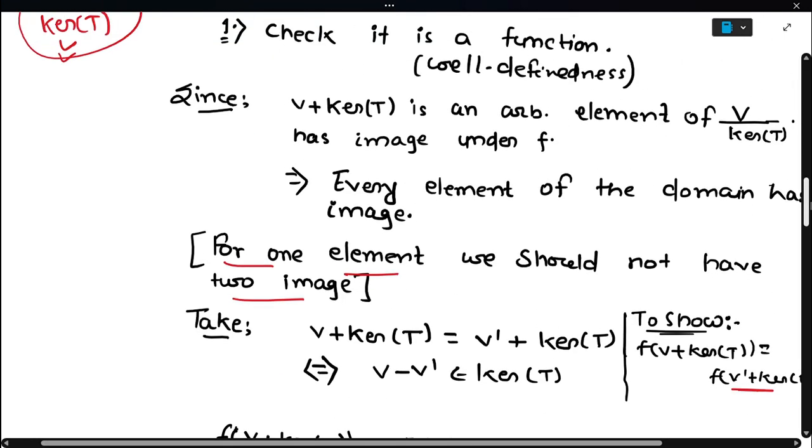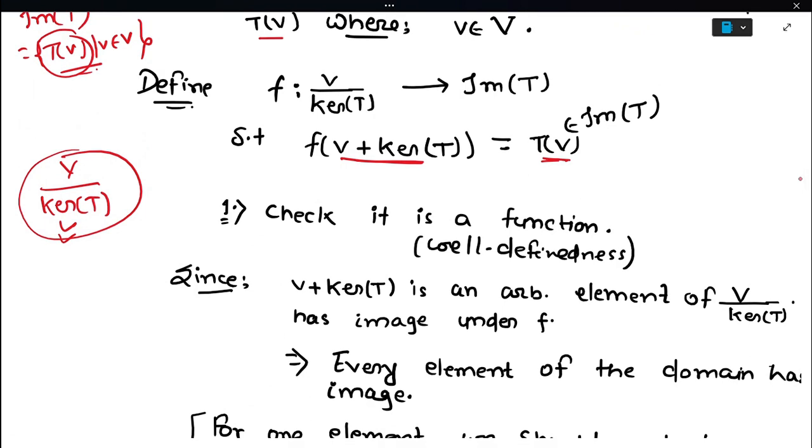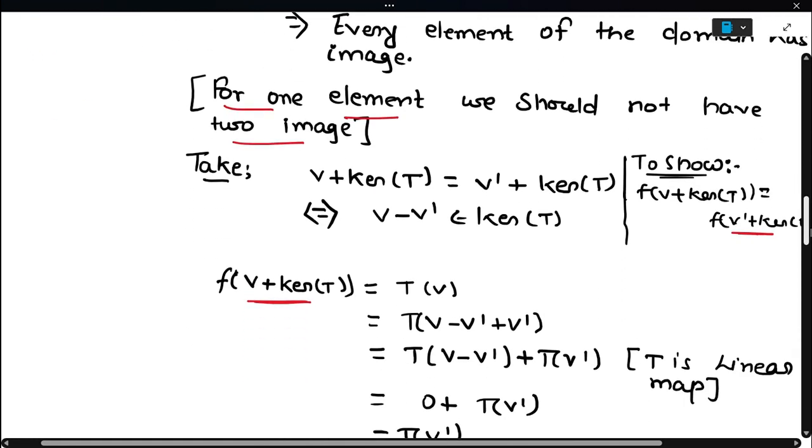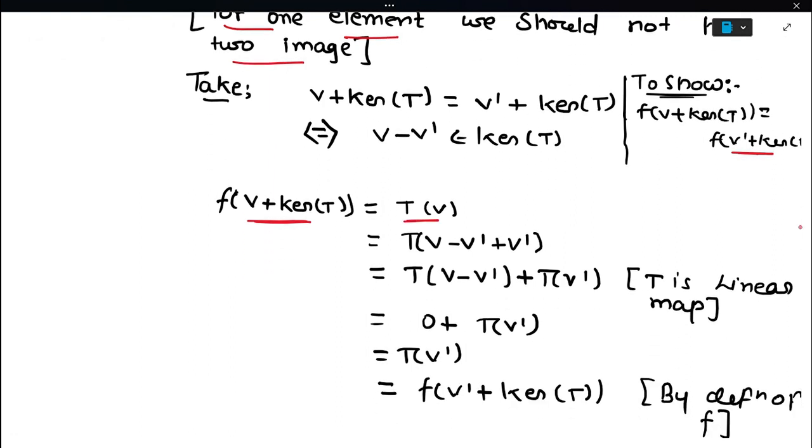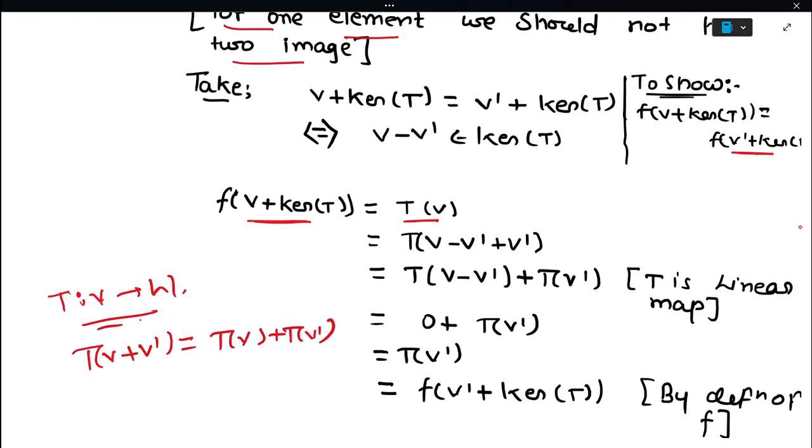Now we can write T of v as T of v minus v dash plus v dash, because v dash and minus v dash cancel out. Now T is linear, as initially we supposed T is a linear function from V to W. So by linearity, T of v plus v dash equals T of v plus T of v dash.